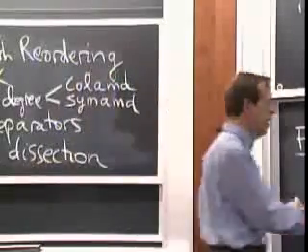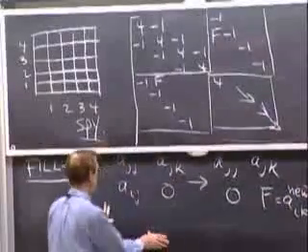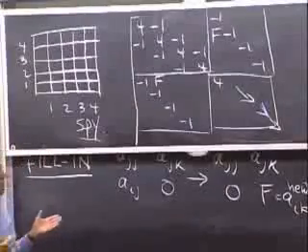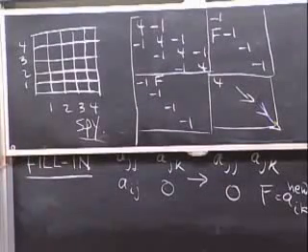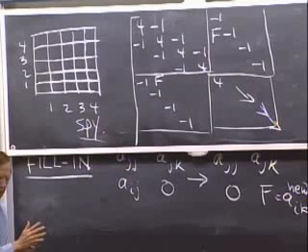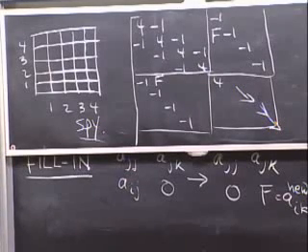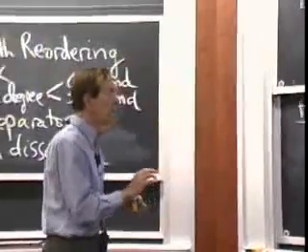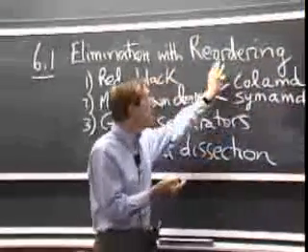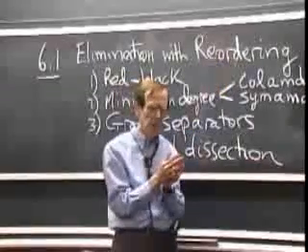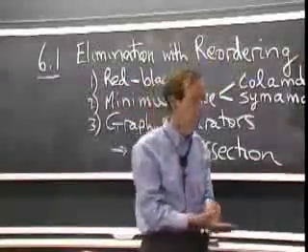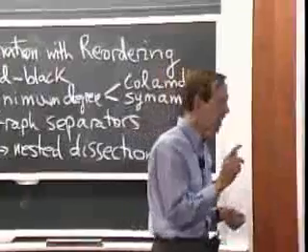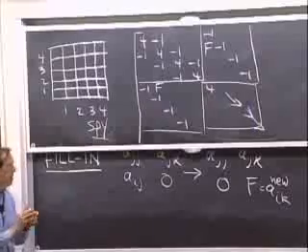So what's the graph that tells me where the non-zeros are? Again, it doesn't tell me what numbers they are, just tells me where they are, which positions. It's only the positions that I worry about in deciding on the ordering to use. Then I execute using the actual numbers. But in deciding on the ordering, it's just the positions.